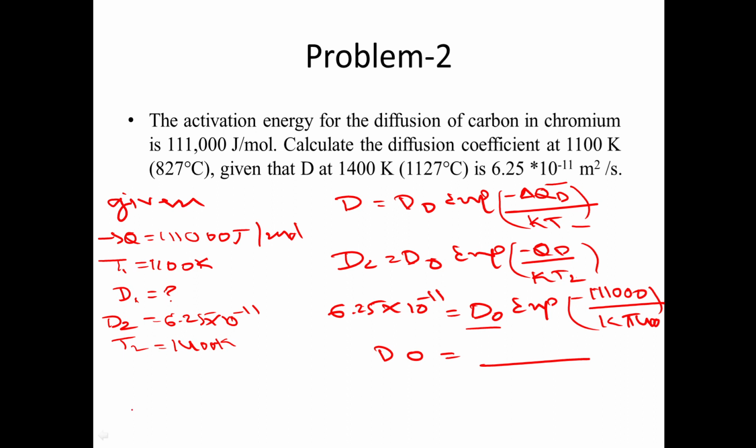After that, you just substitute the value of D naught, exponential of minus 111,000 divided by K into T at 1100 Kelvin.